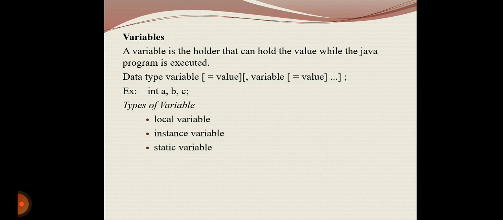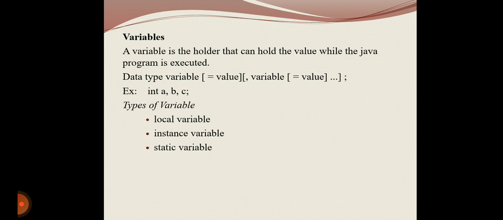A variable declared inside the method will be accessed only inside the method. Once the method is closed, the variable value is automatically destroyed. So it is only visible within the declared method.